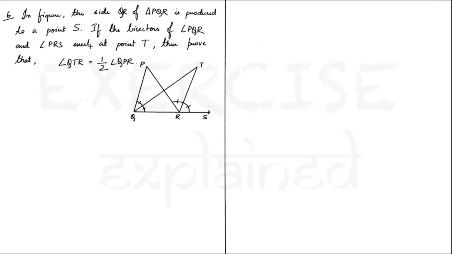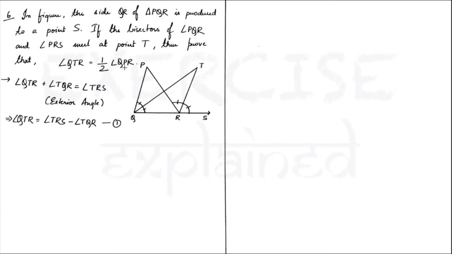It's given that both of them meet at point T, that is this point. Then prove that angle QTR is equal to half angle QPR. So what we will do is, we will be using the exterior angle properties here.